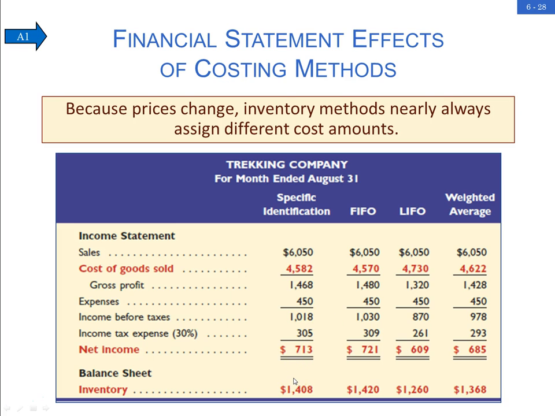And what we're using here is very simple small numbers to make these examples a little easier to understand. But if you can imagine these being in the millions rather than in the thousands, you could have very significant difference just based on which method you used, even though they did the exact same thing, identical transactions, both sales and purchases, yet using one method over the other makes a difference of quite a bit.